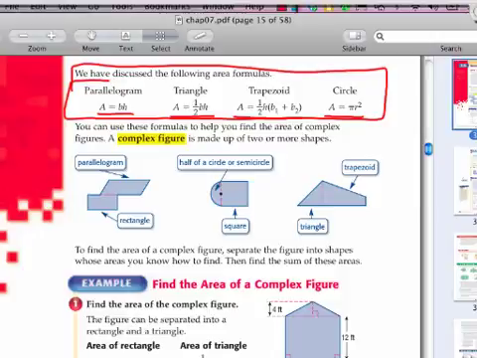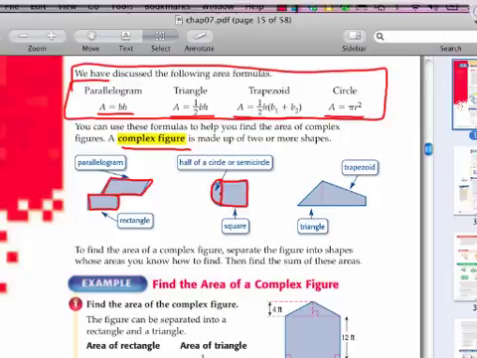But what we're going to do is we're going to look at complex figures, and complex figures are ones where we have more than one shape. Look at it. We have a rectangle and we have a parallelogram together. Or over here we would have a square and part of a circle, a semicircle, in that complex figure.